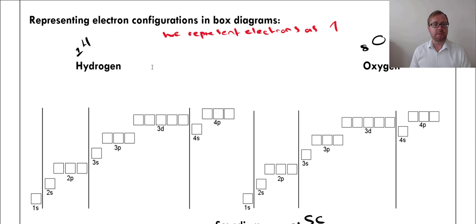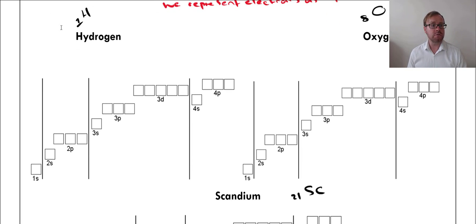Okay, so representing electron configurations in box diagrams, hydrogen has 1 electron. So we will fill, let's use a different colour pen so you can see it, 1 electron in our lowest energy level and orbital possible, so it would go here. You can see in these box diagrams that they are all going up in energy. For oxygen, I need to fill 8. According to my rules, I must fill my lowest energy level first, which I've done.